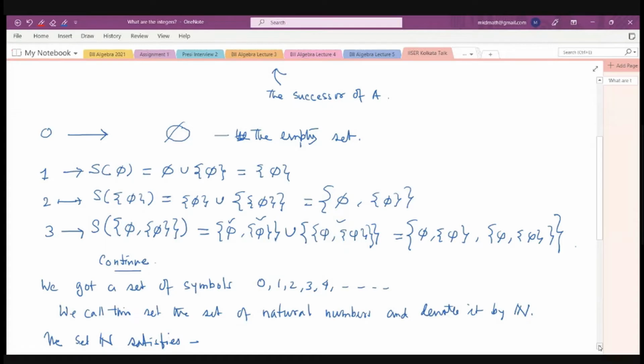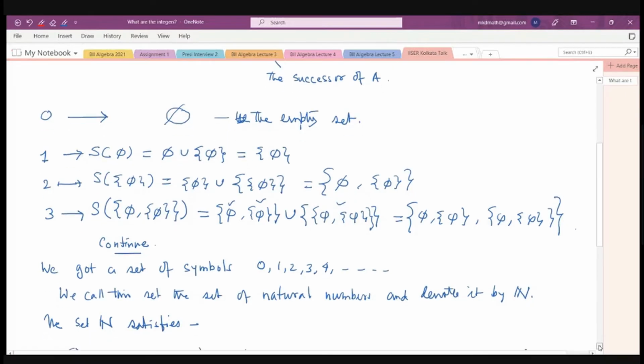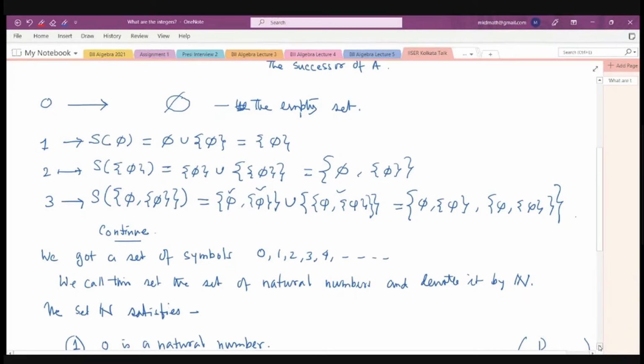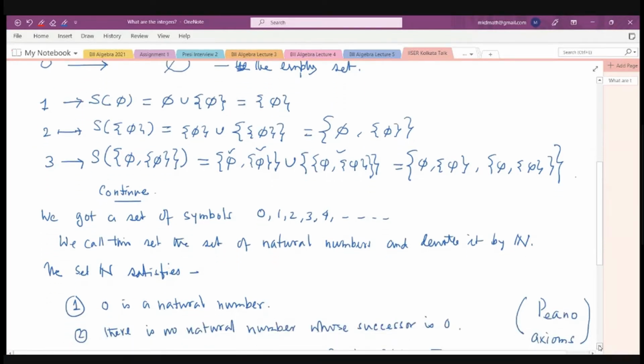So Peano axiomatized that. Then people ask, okay, so can you construct natural numbers? Can you give a model from set theory? So this is a very formal thing. So in a formal set theory framework, can one give a model for natural numbers? And that model is this one. So after this point, you don't have to bother about this empty set and these notations. So 2 contains 0 and 1.